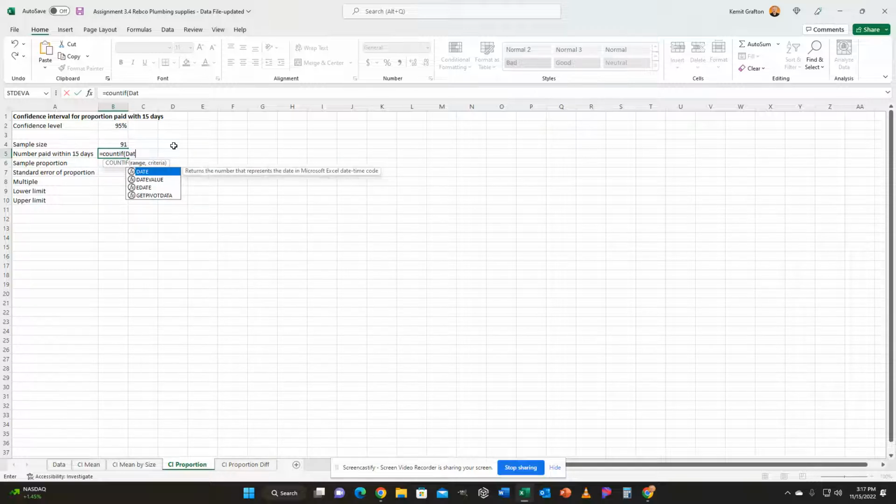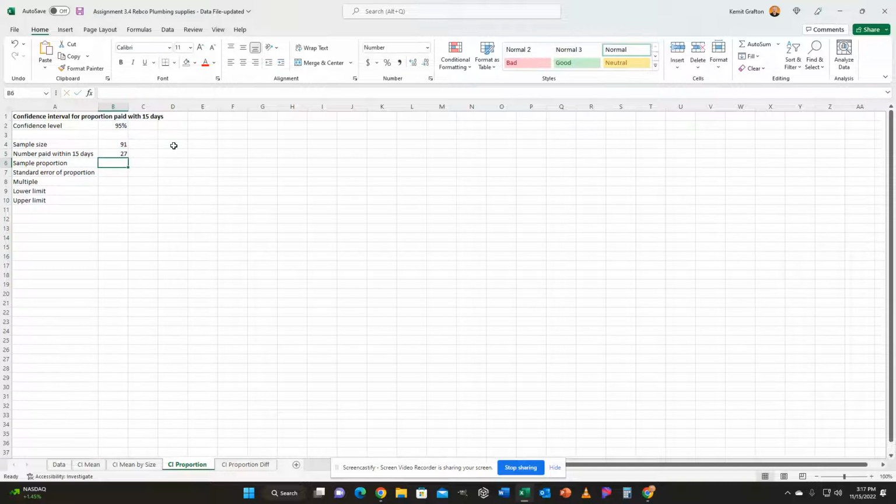The range is from the data tab, C2 through C92. Now we need the criteria, which we put in quotes. We want it to be less than or equal to 15, in quotes, and then the close paren. There are 27 in that group.